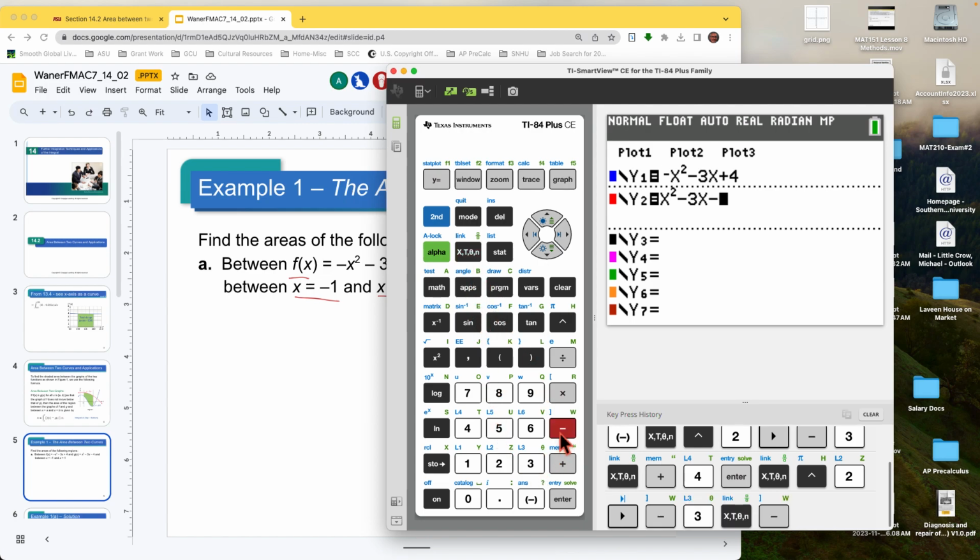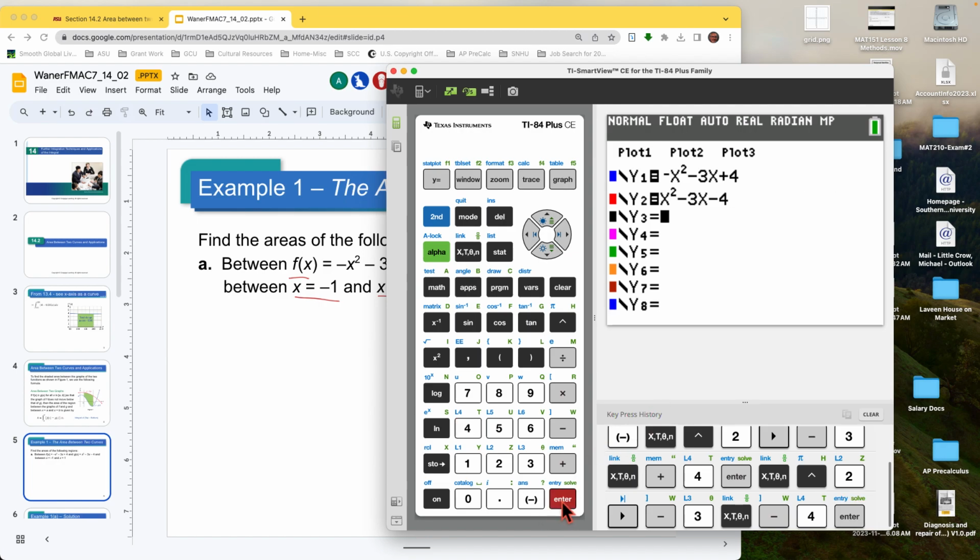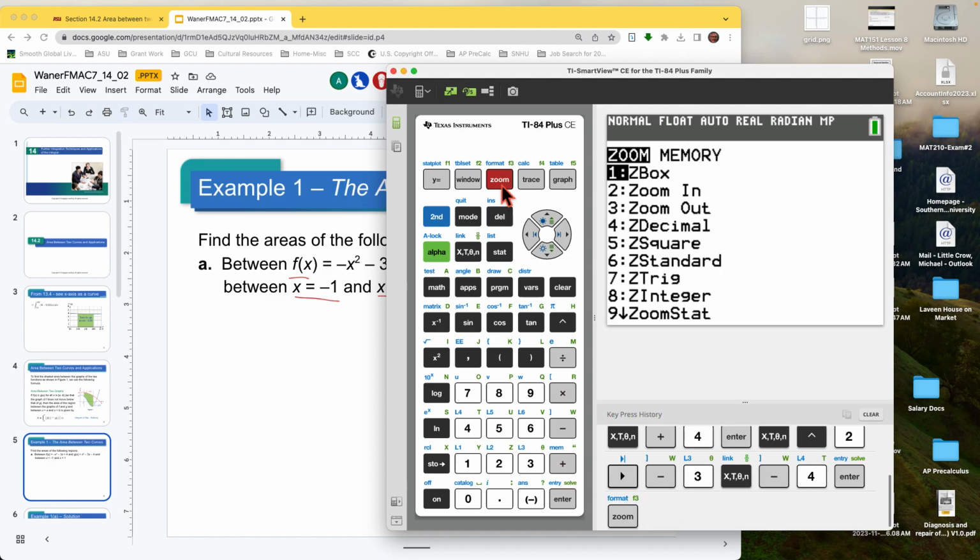The thing is, when this graphed, the slide showed the graph and it wasn't matching up. I don't know why I didn't catch it, but sometimes we just push forward. Anyway, I'm going to do a zoom standard, which puts it at the factory window.